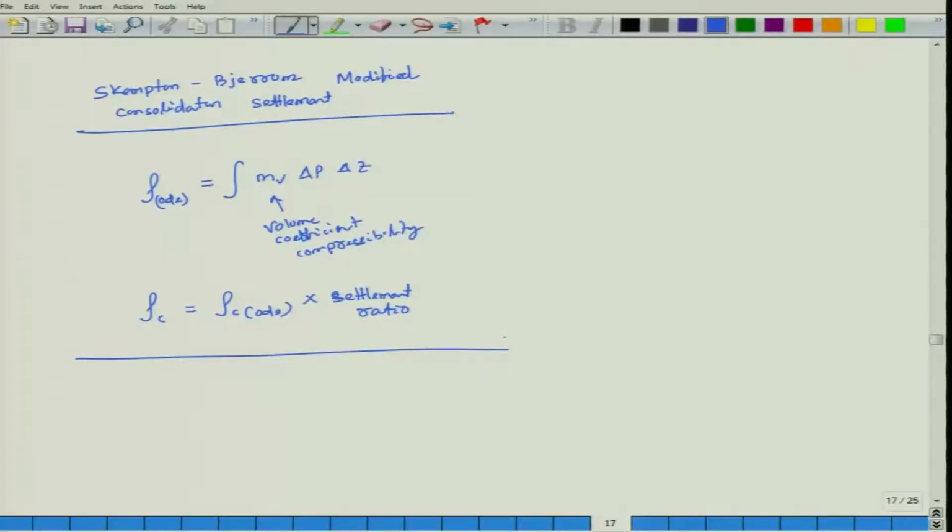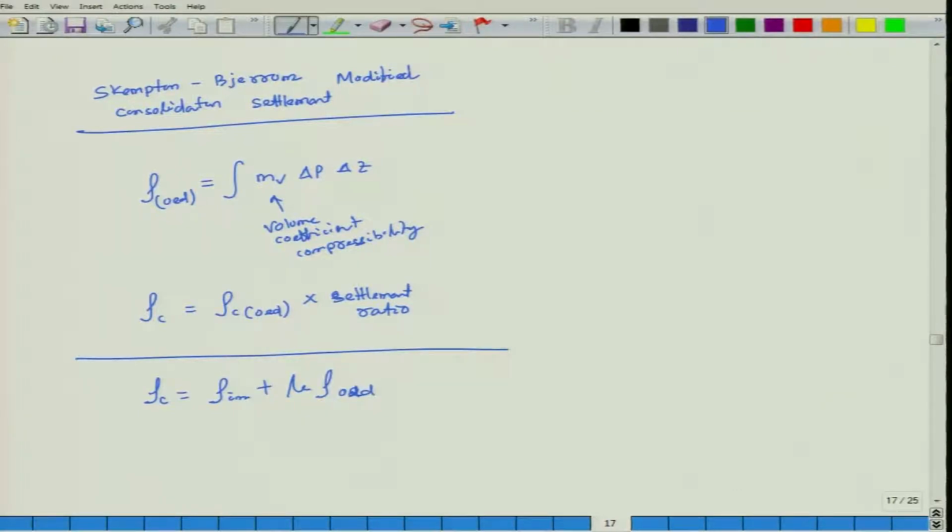So, they further said, particularly based on the laboratory study, consolidation settlement is your immediate settlement plus mu into rho oedometer from the consolidation test.